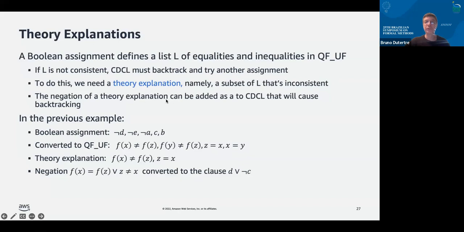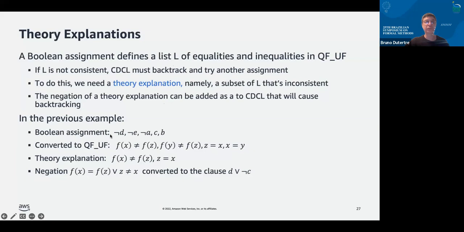You can think of it as a theorem that's true in your theory. And because of the way we construct it, it can be converted into a clause, and we can give it back to the SAT solver. So that's the idea. We have a set of constraints which involve equalities and inequalities. We compute a subset of these constraints that are inconsistent. By the way we construct it, we know it can be turned into a clause, and then we give the clause back to the SAT solver.